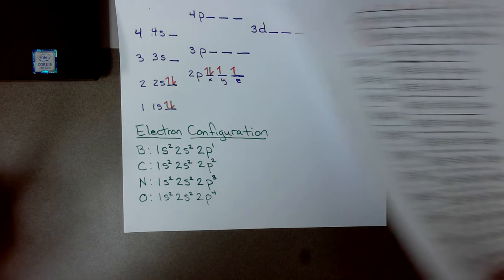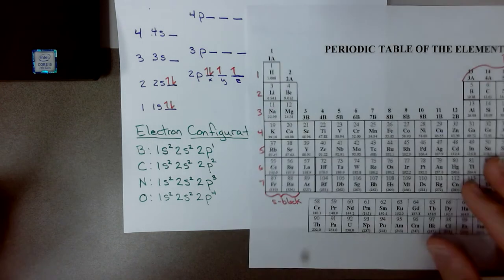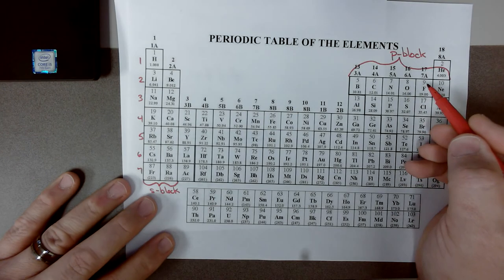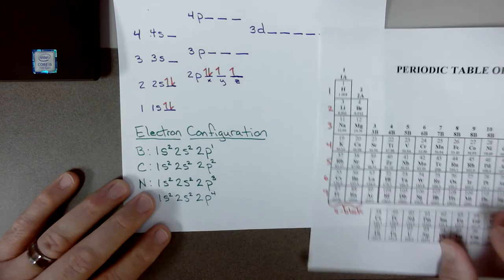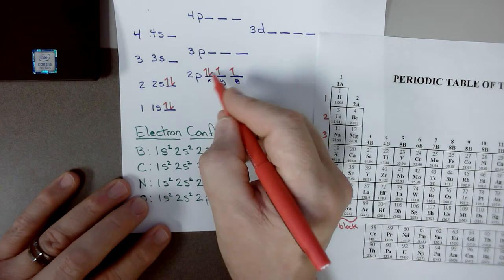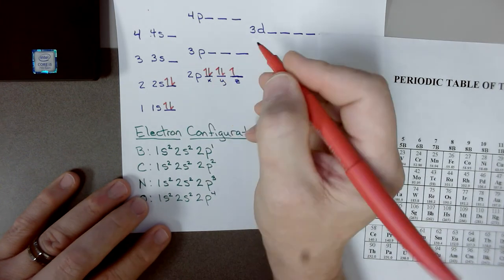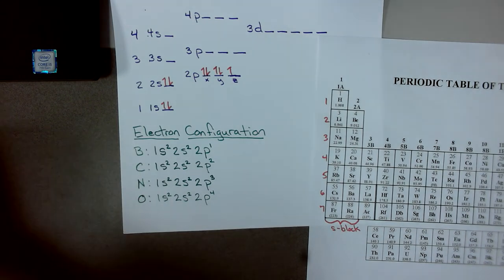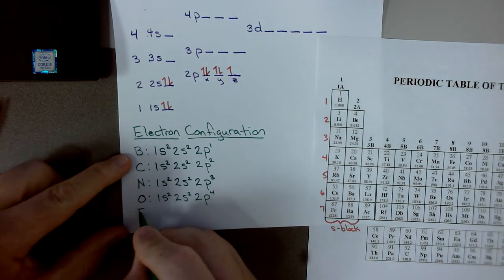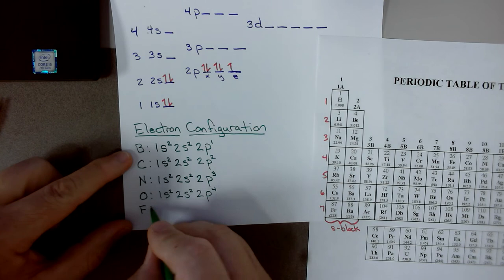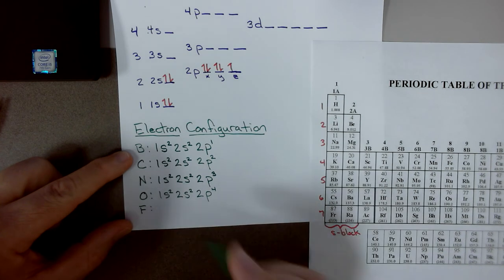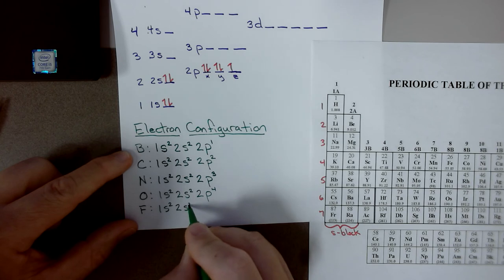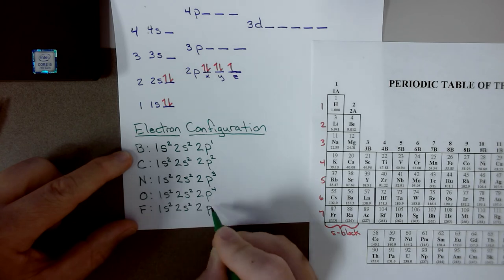So if I continue with this, after oxygen we have fluorine with 9 electrons. So that's 2, 4, 6, 7, 8, 9 electrons. So fluorine would be, let's go down here, 1s2, 2s2, 2p5.